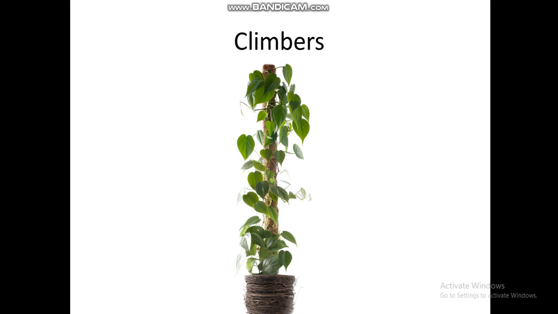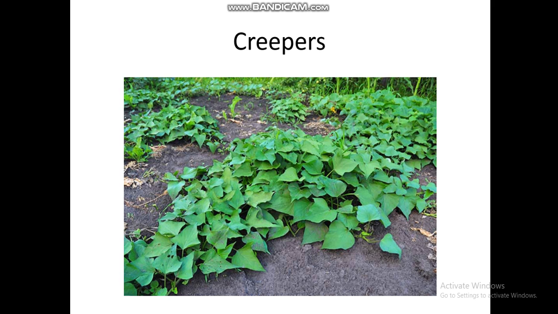Creepers run along the ground, and climbers climb with the help of a support. If a support like bamboo or an iron rod is there, the climber will grow along with it. The one which climbs with the help of a support is a climber, and creepers do not need any support; they just grow along the surface of the ground.